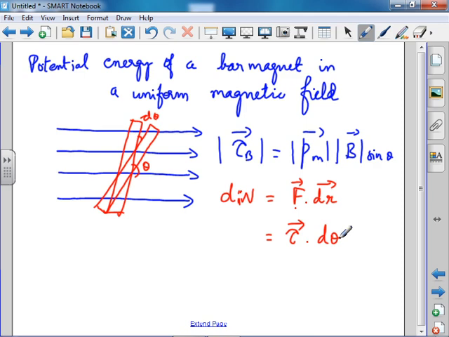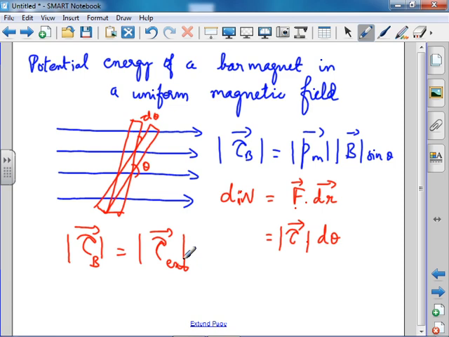So dW is equal to torque tau vector dot d theta. That means the torque due to the magnetic field is equal to the external torque we apply to move it.